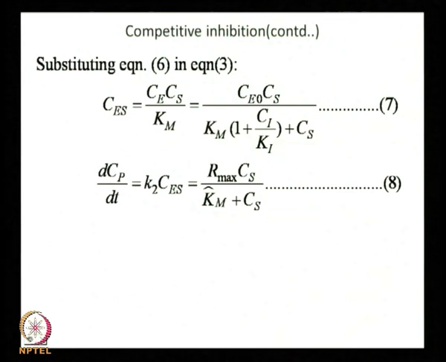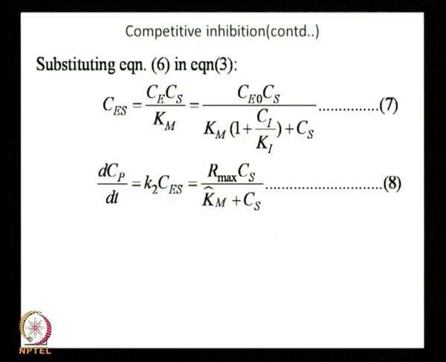So intuitively, why is Rmax equal to K2 into C naught? If all the enzyme actually reacted and formed product, then the reaction rate would simply be K2 into C naught. So your Rmax equals K2 into C naught, and Km hat is this quantity.